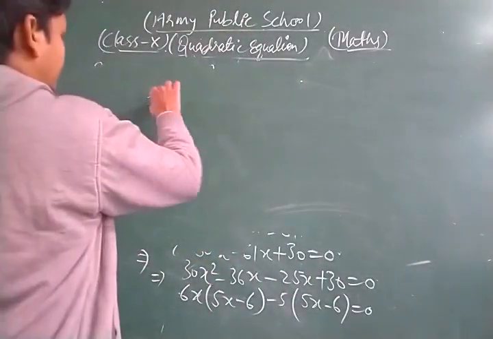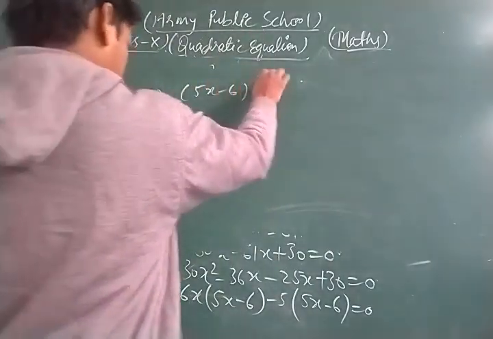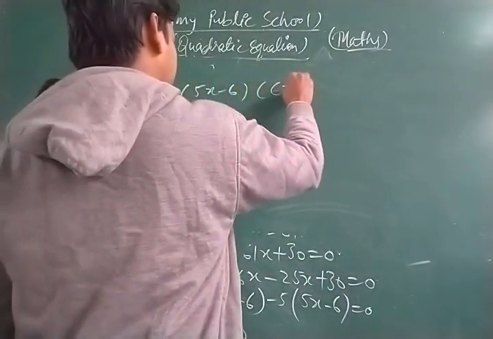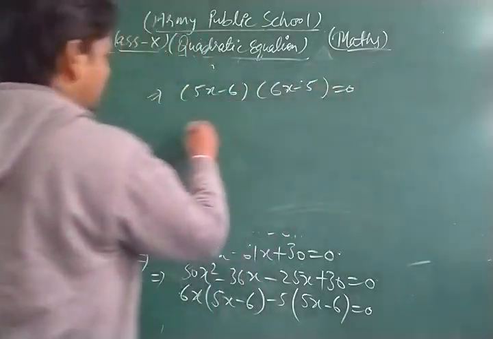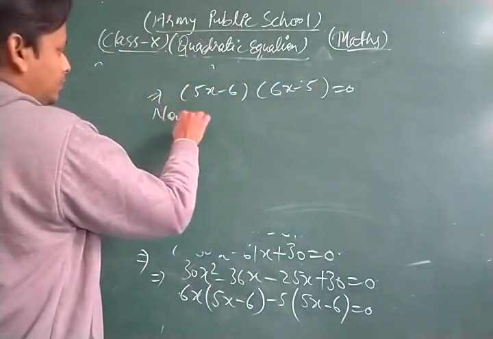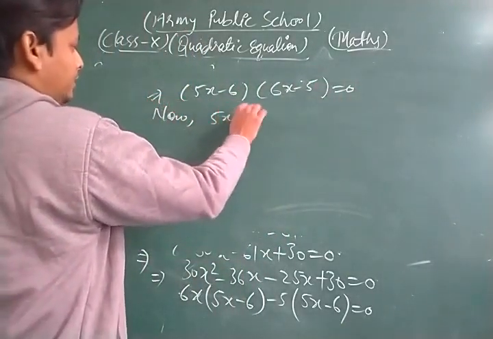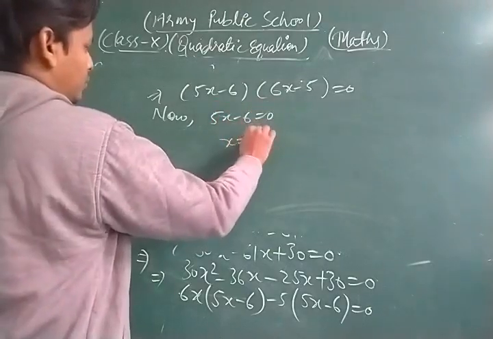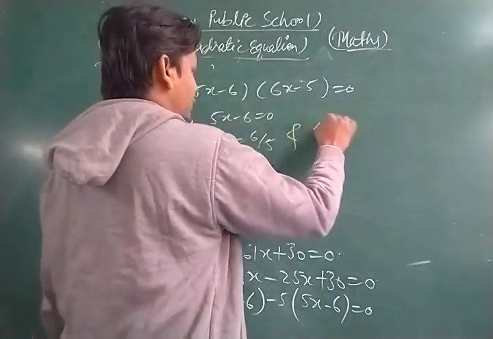Now if we take 5x minus 6 is equal to 0, so x is equal to 6 upon 5.